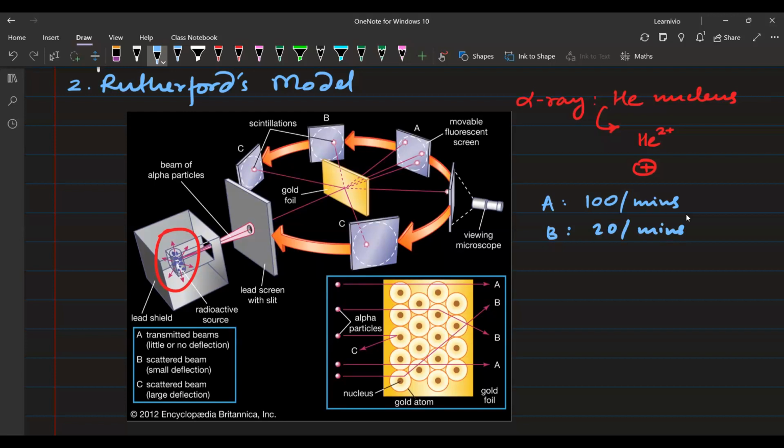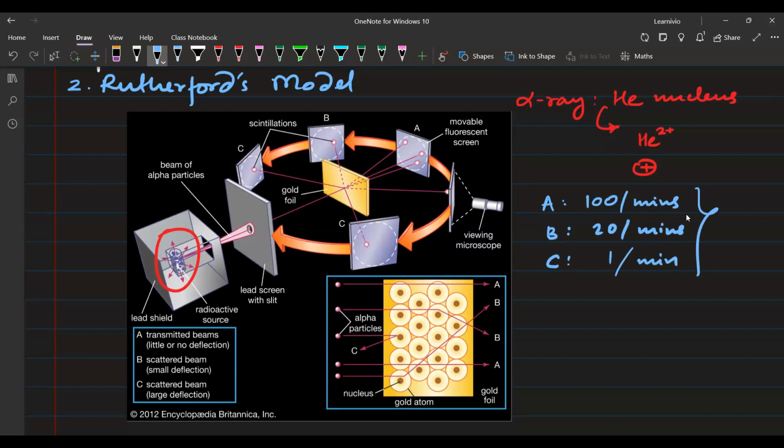That means alpha rays were hitting the screen at point B 20 times per minute. Then they went further towards point C. At C, let's suppose it was shining 1 time per minute.